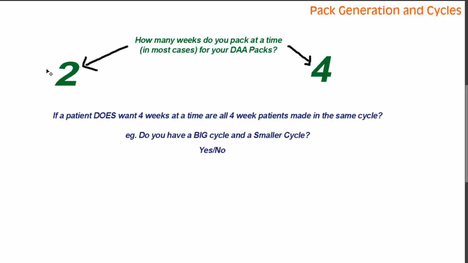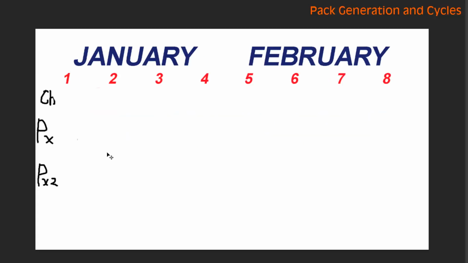But what if you get a patient that wants 4 weeks? So they want more than what you're usually creating. If a patient does want 4 weeks at a time, are all 4 week patients made in the same cycle? So the question is, do they create all those 4 weekly patients at the same time, or do they create them just whenever? A better way to explain that, we've got what the chemist makes.